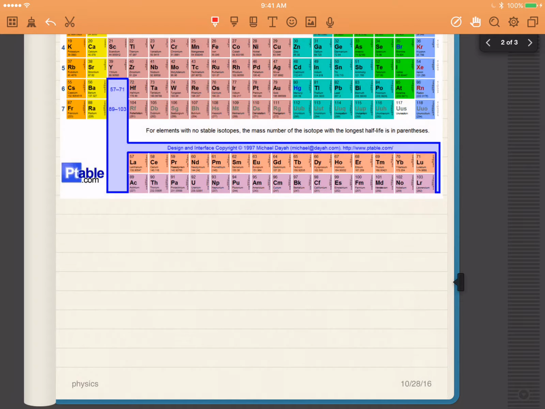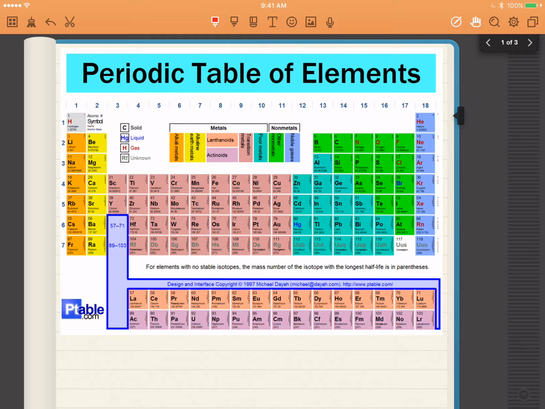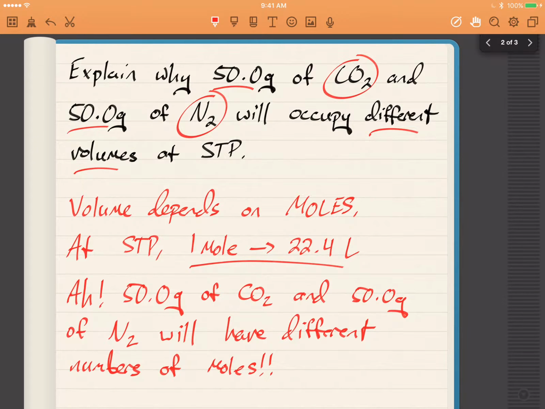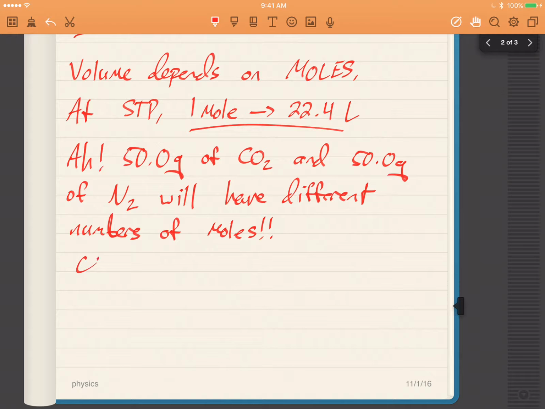So I go to the periodic table and I can look up carbon and oxygen. CO2 will be about 12 plus 32. This is just so that I can kind of justify what I'm talking about.